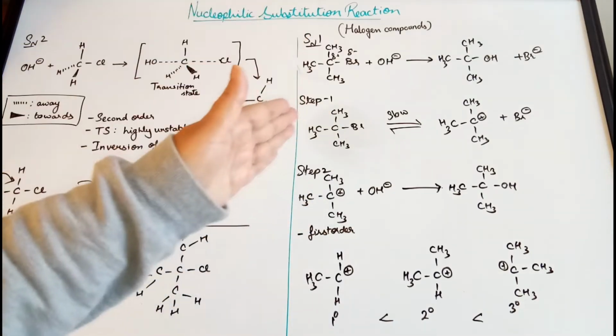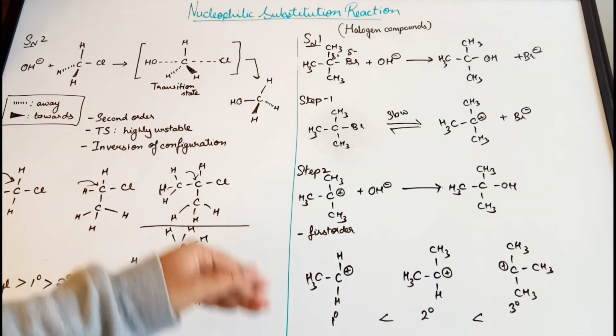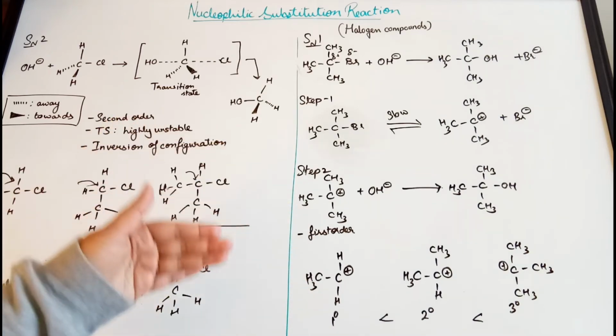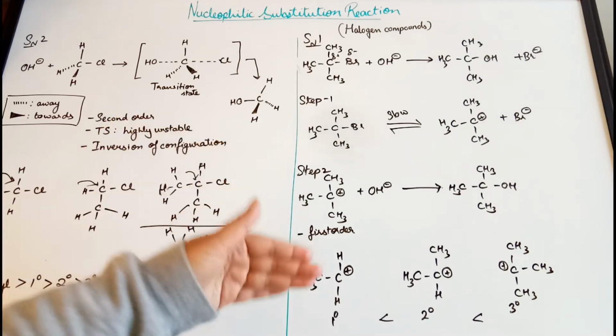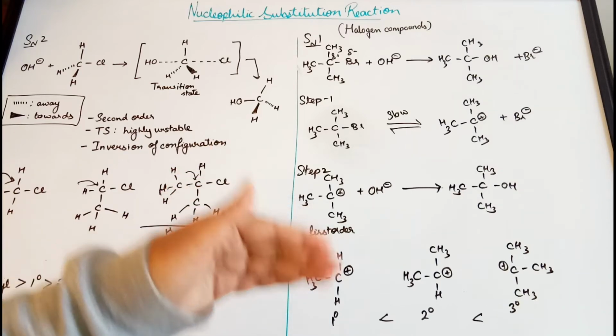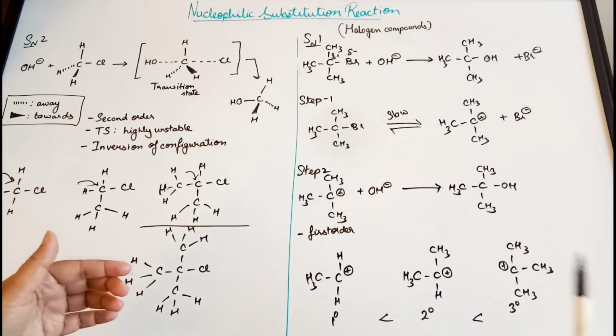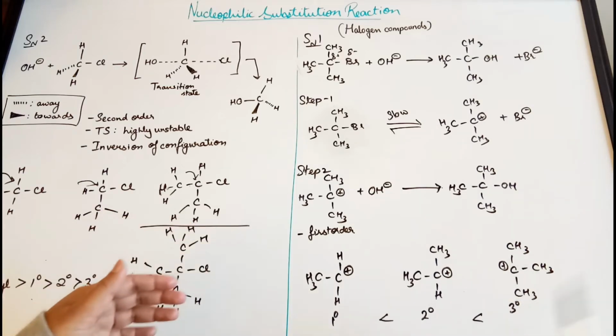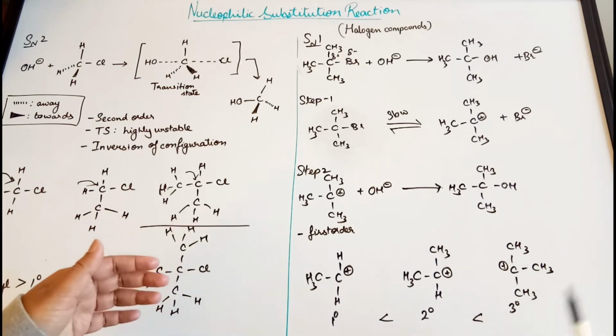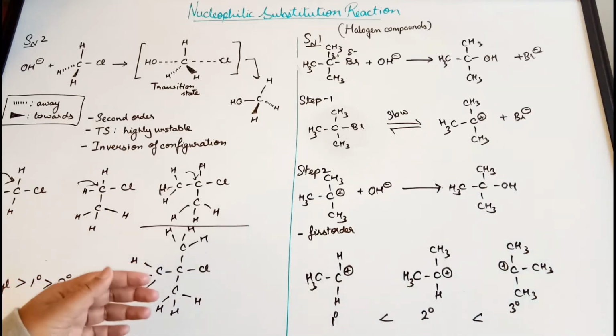The decision as to which alkyl halide is going to undergo an SN1 reaction depends upon the stability of the carbocation formed. Tertiary carbocation is more stable than secondary, which is more stable than primary, and because of that tertiary alkyl halides will undergo the SN1 mechanism.